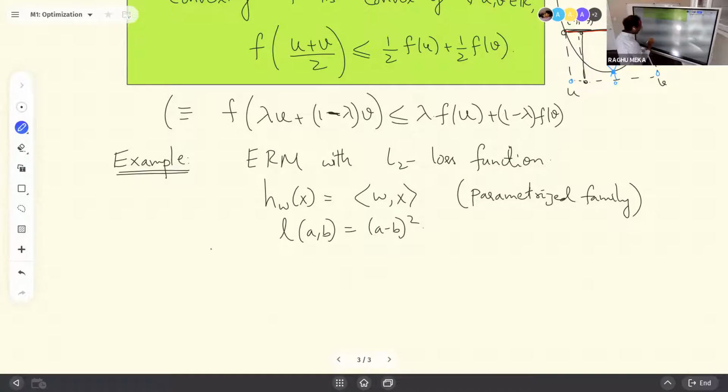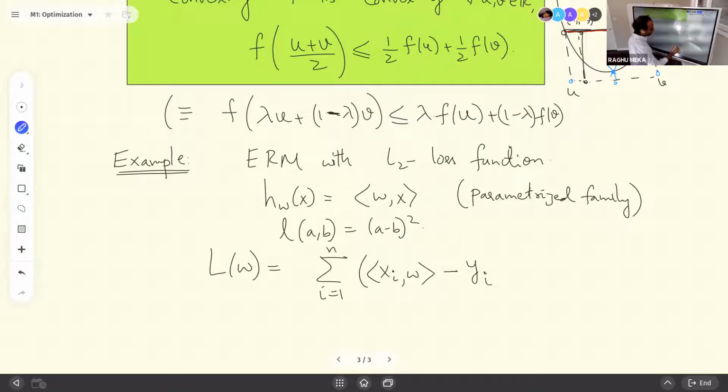So here the loss function would have been something like this: you look at your prediction at a point minus the value at the input point x_i, squared. And we also wrote this as (Xw minus y) squared.